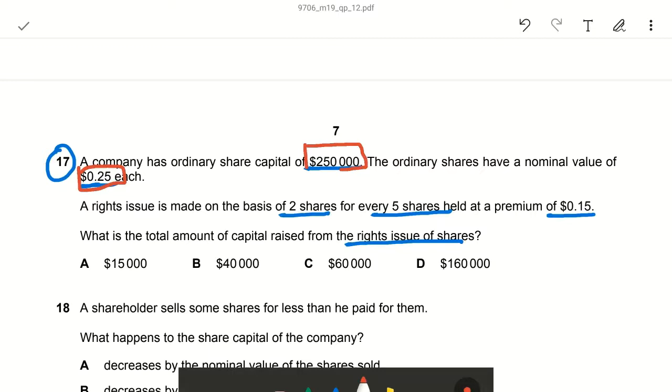0.25 plus 0.15. So first we have to calculate the total shares of the company. Then out of the shares, the business is issuing a rights issue of 2 for every 5 held. So shares is equal to share capital divided by price. So 250,000 divided by 0.25, that is 1 million.